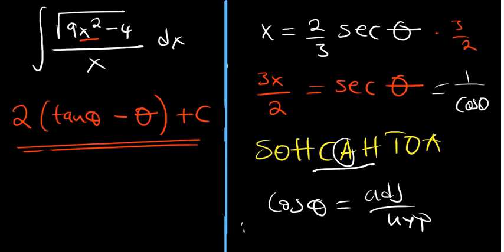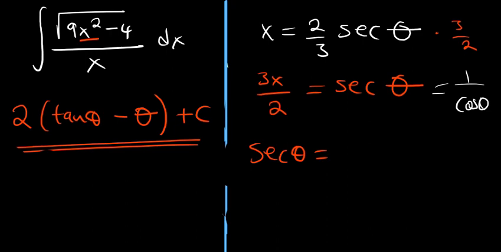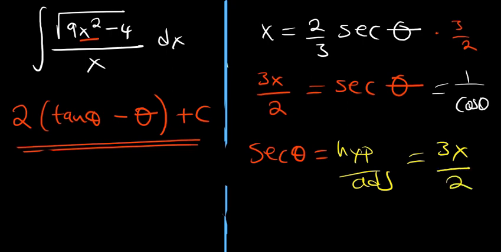So therefore it's going to be the opposite: hypotenuse over adjacent. So secant of theta therefore has the hypotenuse on top, since it's the reciprocal of cosine. Meaning that the 3x is the hypotenuse and the adjacent is the 2. So we can draw that triangle.